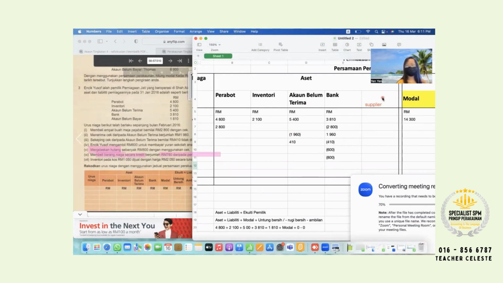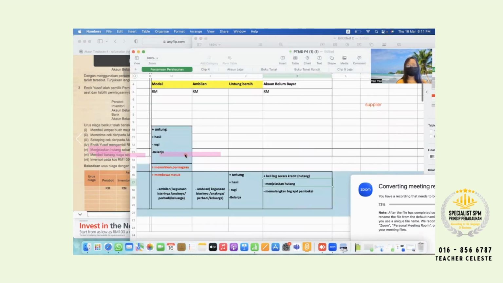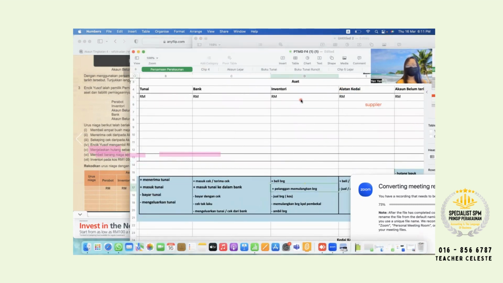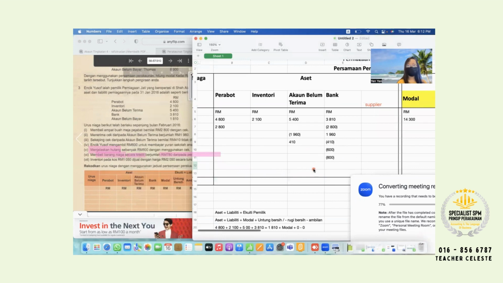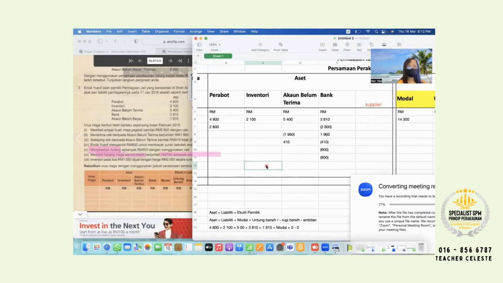Barang, you see this column? Barang, so inventory. If beli, then tambah. So here we need to put tambah in your inventory. So 780.